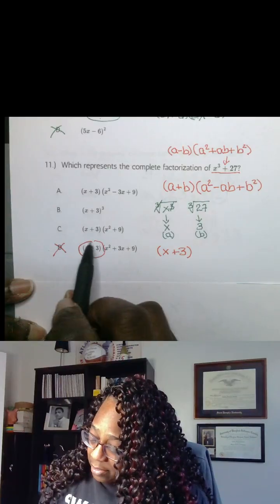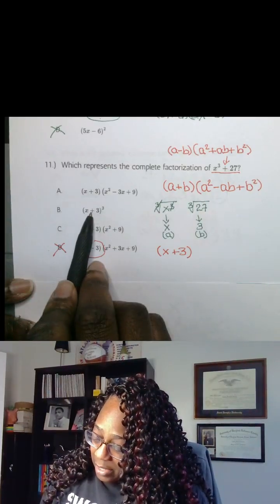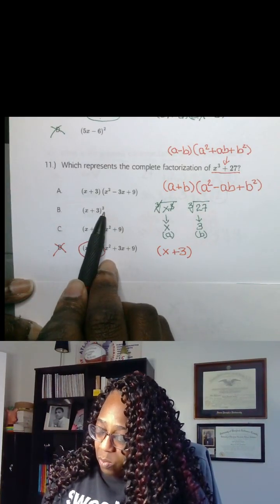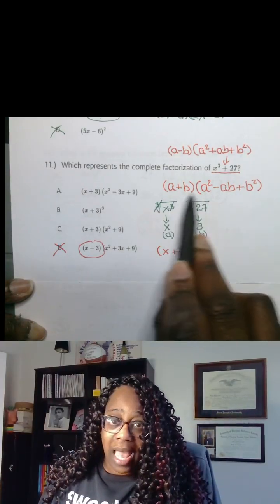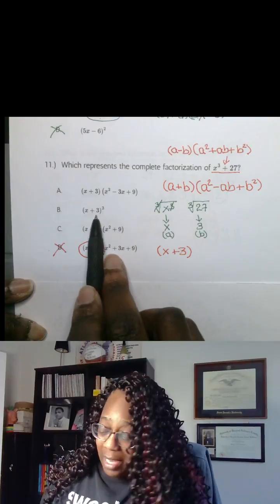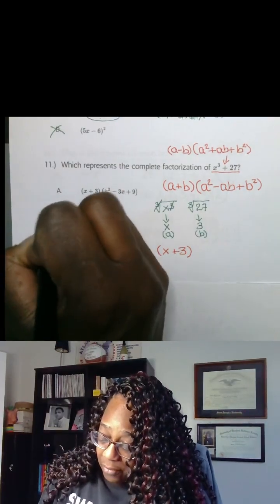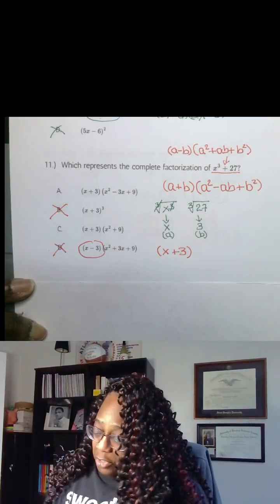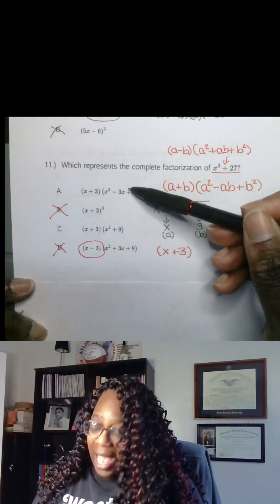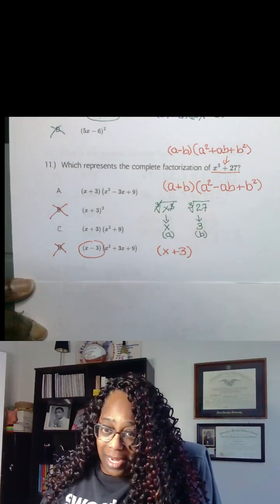Then we have X plus 3 cubed. Well, I know that I'm going to have 2 parentheses, so it can't be X plus 3 cubed. That's gone. So now we're looking at what's happening in the second parenthesis, right?